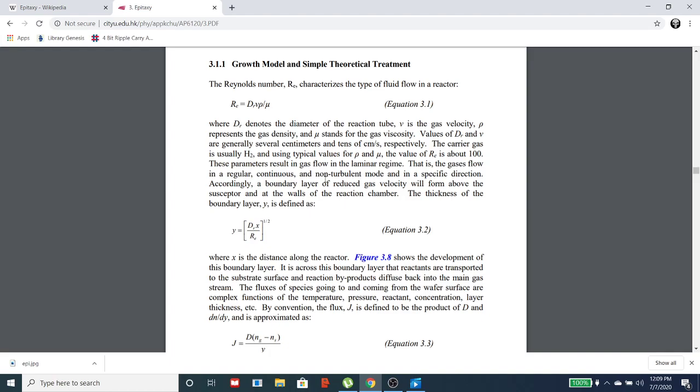The Reynolds number depends on so many parameters that we talked about: the diameter of the reaction tube, gas velocity, gas density. We want to get a uniform layer on the substrate, so there should be a constant gas velocity that forms the layer on the substrate.